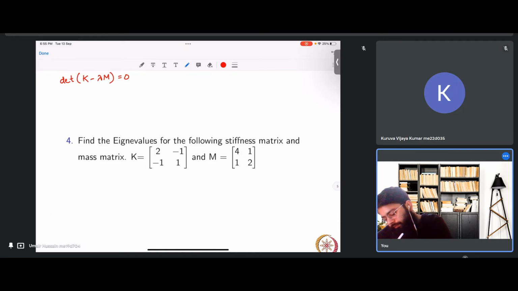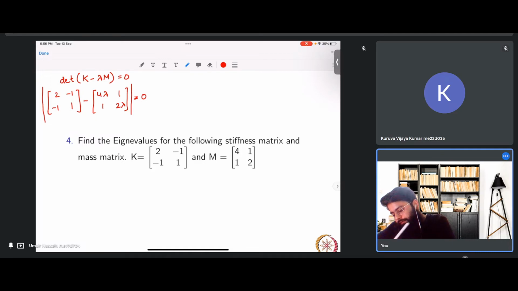So let's try to solve this. K is 2 minus 1 minus lambda m. So lambda m is, okay, equal to 0. Sorry, determinant of this thing.